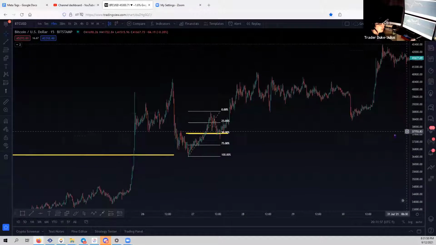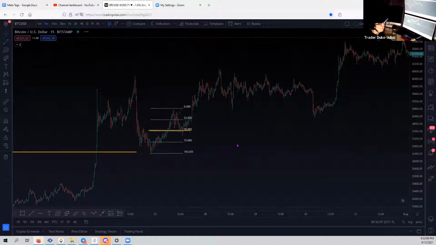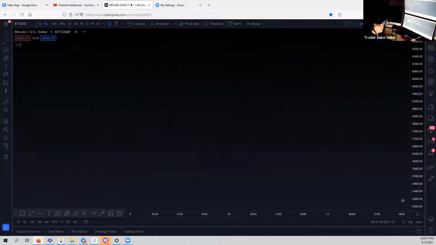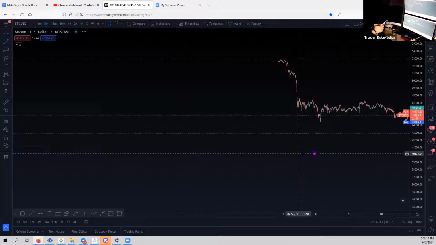You see how you could find fib settings to place as long as you have 2 data points for minor structure as you go deeper into the time frame. Now I dropped it to the 5 minute.